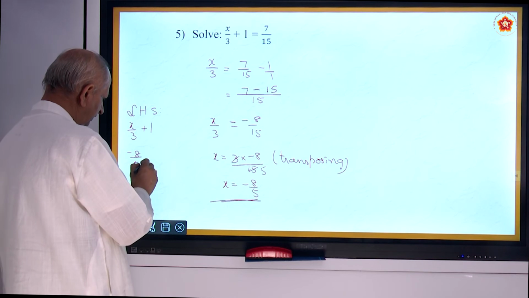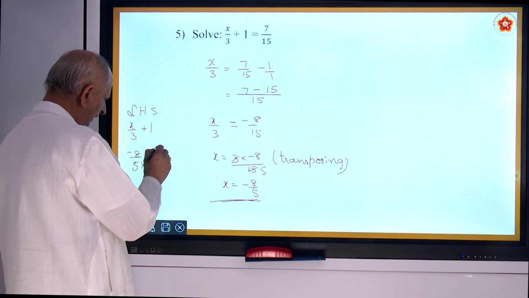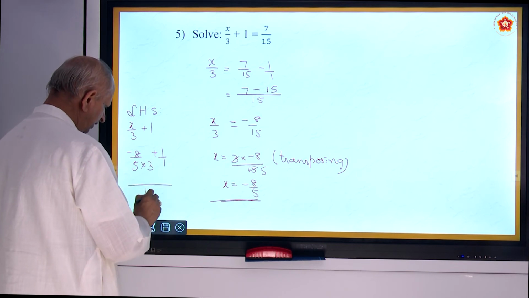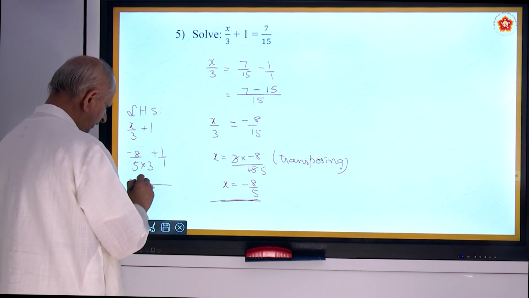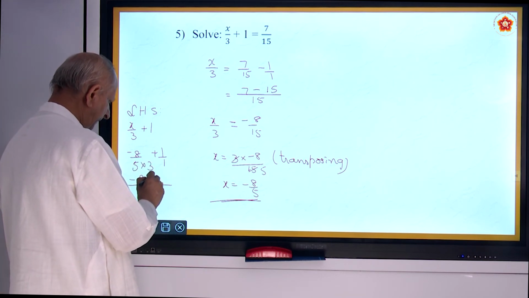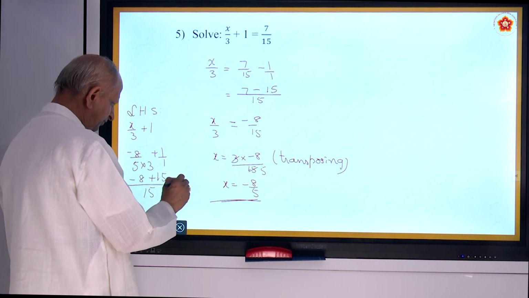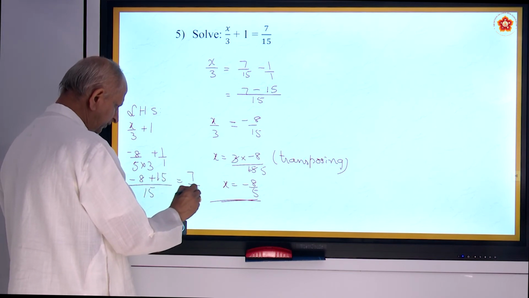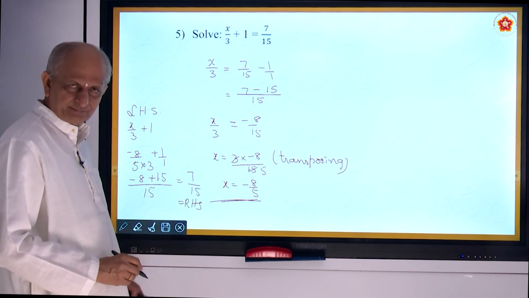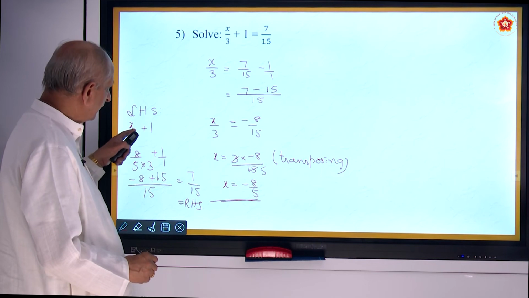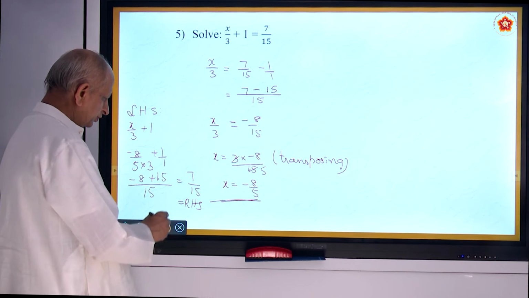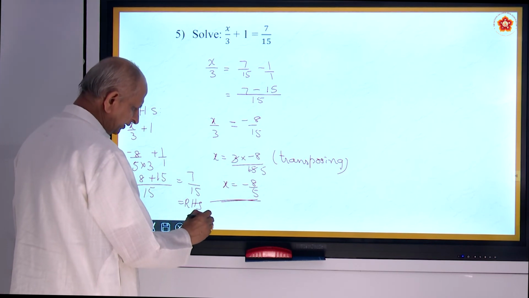And 3 is there already, plus 1. So take LCM, 15 is the LCM, minus 8 plus 15 becomes 7 by 15, that is RHS. So what you have done is correct. So for this value of x, this equation holds good. So LHS is equal to RHS, means it is verified.